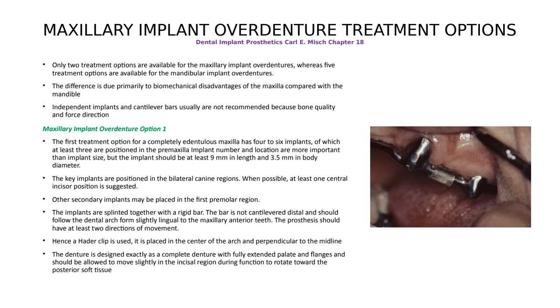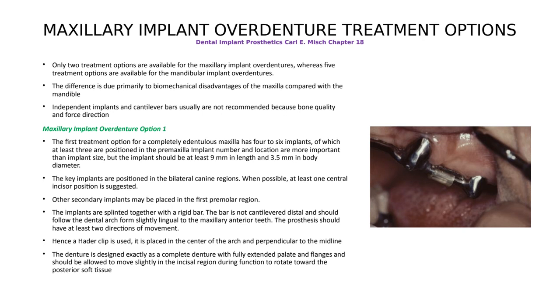The key implants are positioned in the canine area, and when possible at least one by the central incisor it's suggested. Other secondary implants might be placed in the first premolar region.